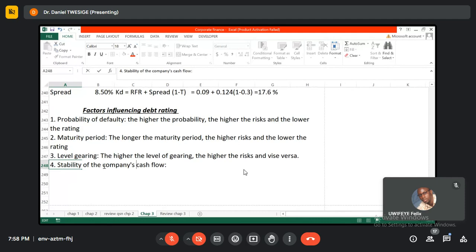The one which has stable cash flows is going to be rated low risk. The one which has no stable cash flows is rated high risk because there are chances that you may not be able to pay.